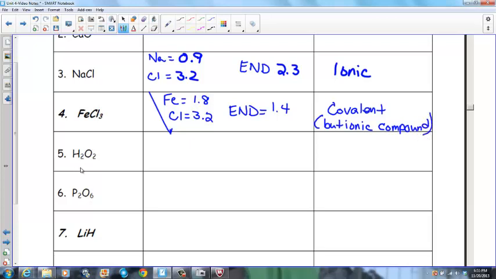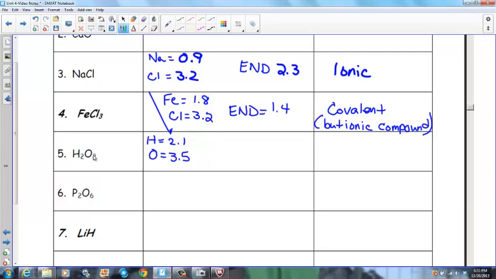A little different, okay? H2O2, hydrogen peroxide. So we have two nonmetals bonded together here. You're going to anticipate that it's covalent. So hydrogen and oxygen again. 3.5 and 2.1. Same type of electronegativity difference.